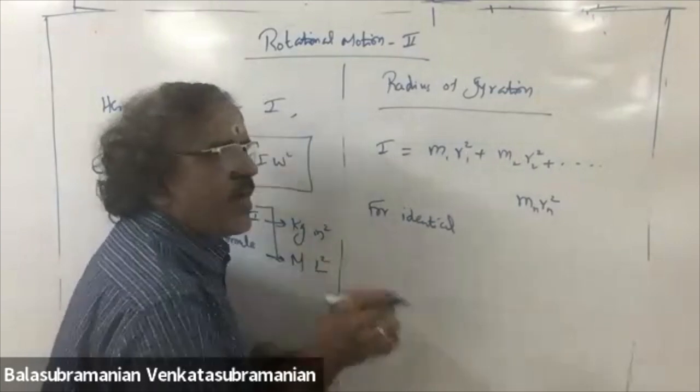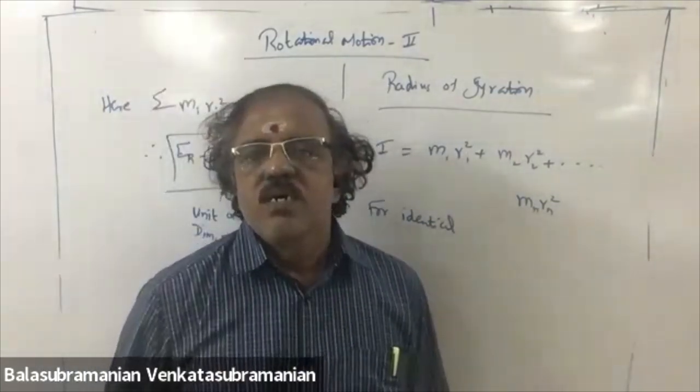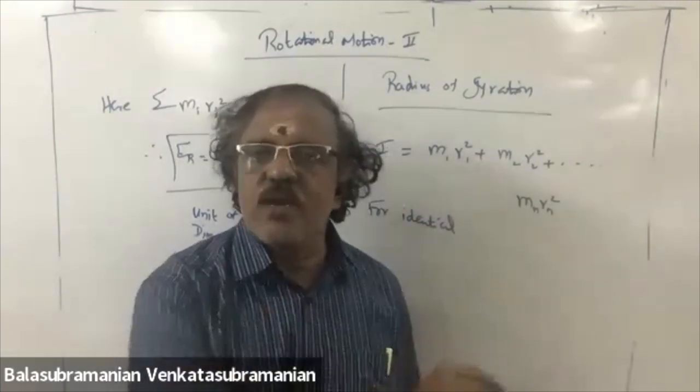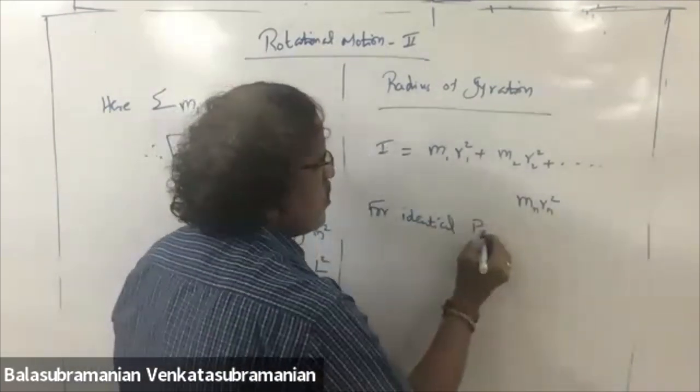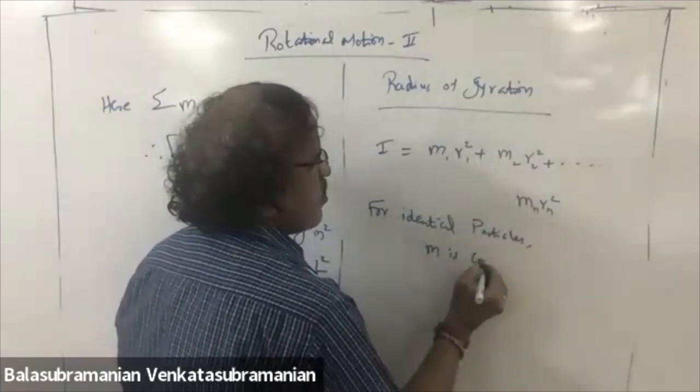Assume all the particles in the rigid body are identical. Definitely the mass will be the same, M is constant.